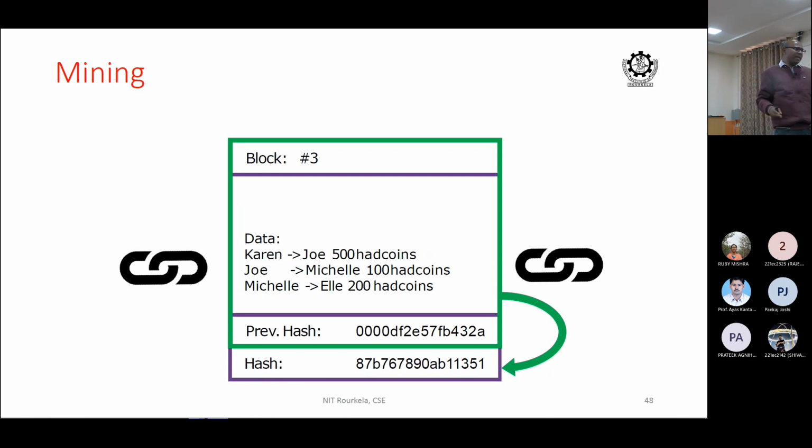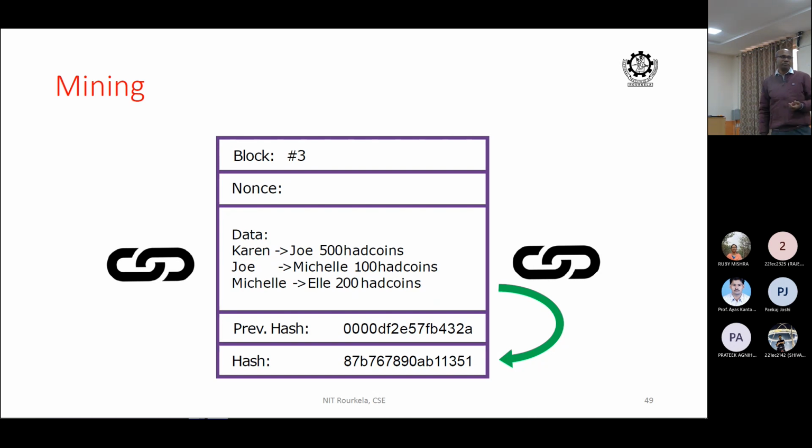Now, if I pass this to any hash function, I will get 256 bits. But my requirement is that the most significant 16 bits should be 0. So I need one more piece of data, and that comes from something called a nonce.